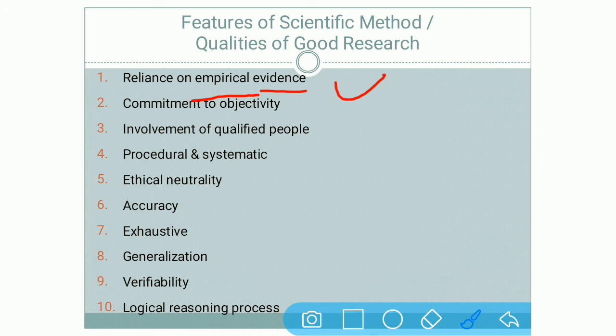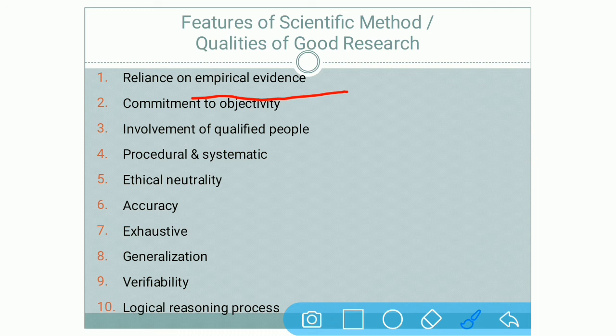I am repeating it again. Empirical means by the trial and error method, by doing research repeatedly on a particular topic, you collect certain proof. That is known as empirical evidence. By doing analysis only once, you are not accepting it; you are doing trials again and again.